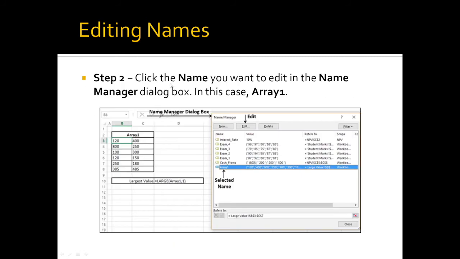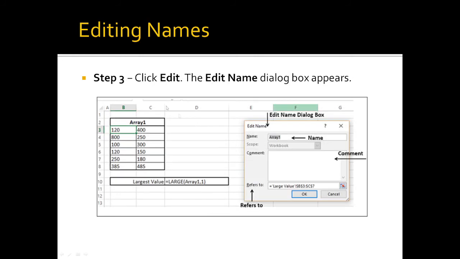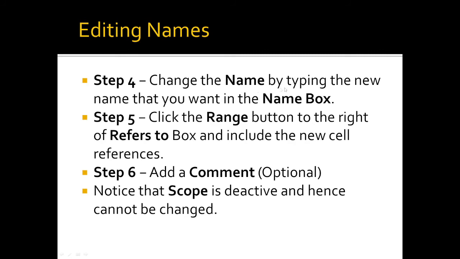Step 2, click the name you want to edit in the name manager. So array 1, then we click edit. The dialog box appears. What we're going to do is change the name by typing the new name that you want in the name box.